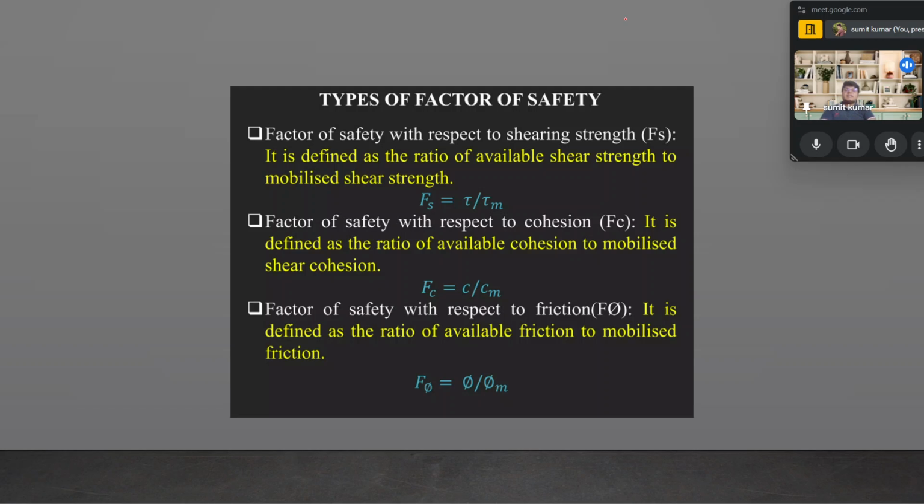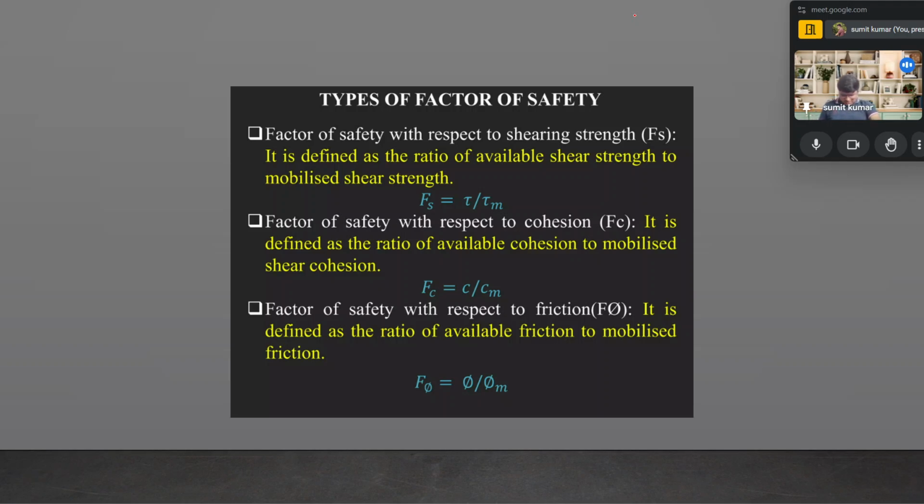Now we see the types of factor of safety. We said at the start of this section that different types of factor of safety could be there. We are going to discuss them.